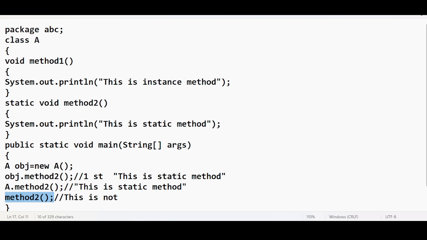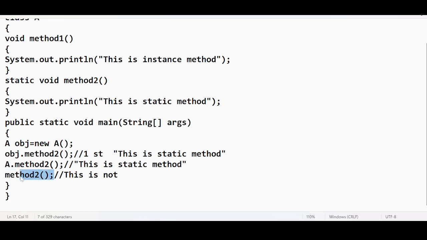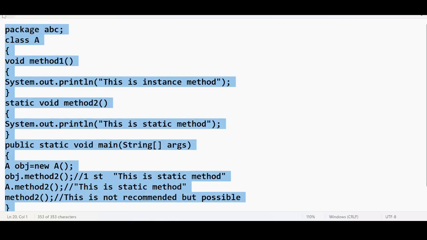So in order to deal with n number of classes, if you call method 2, it is not going to be very specific. Readability will be reduced. Confusion will happen. So this is not recommended but possible. Making sense, guys, everyone? Yes, no?